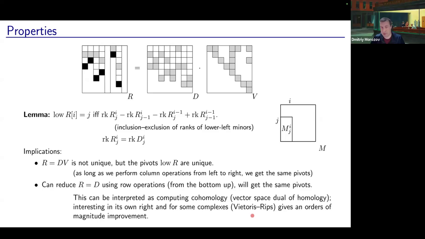Why it is beneficial, I won't be able to explain right now, but it should be immediate from this that if it's okay to perform column operations from left to right, it's okay to perform row operations from the bottom up. And the row doesn't matter as long as we end up with something where the matrix is reduced. In other words, the pivots are unique.